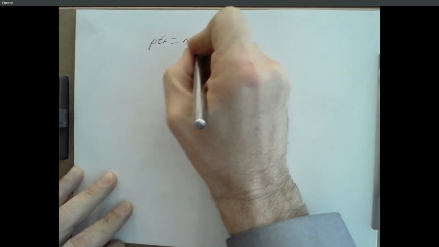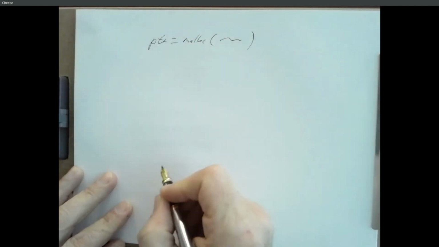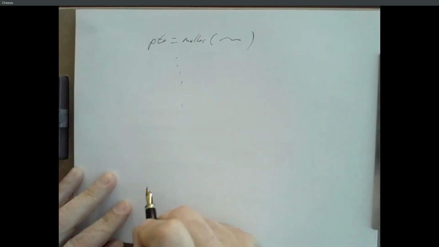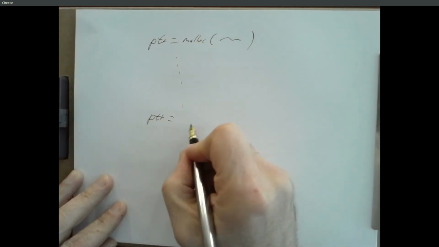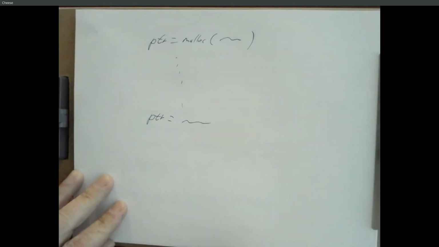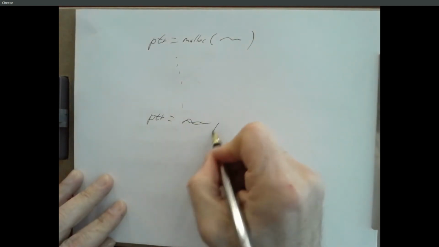Here's the main issue that leads to memory leaks. So pointer equals malloc. And we do some stuff. And then somewhere else we say pointer equals something else, pointer.next.